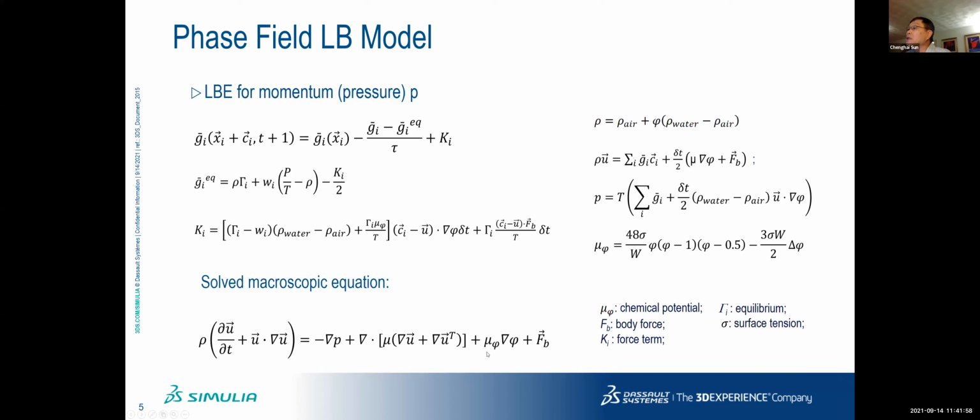This term is the surface tension term, which will result in the prescribed surface tension sigma. And this is the external body force. So those are the two sets of Boltzmann equations to solve.